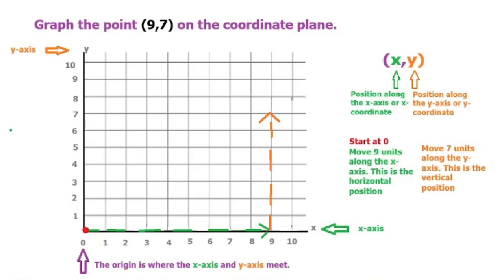So we first start here, go 9 along this way, and then we go up 7. Till we know we're at 7. And you could see the 7 here, right? But we stop here. So we could mark that spot as the spot of where 9 and 7 meet. And that's our (9, 7) point on the coordinate plane.